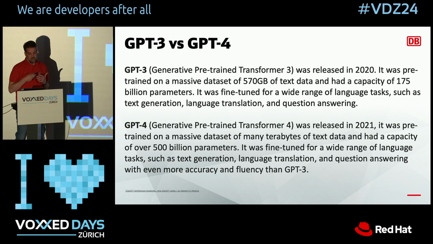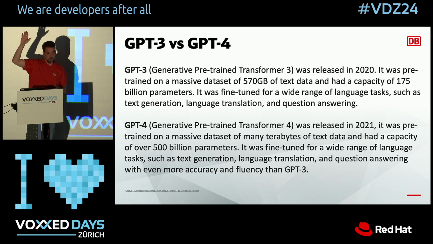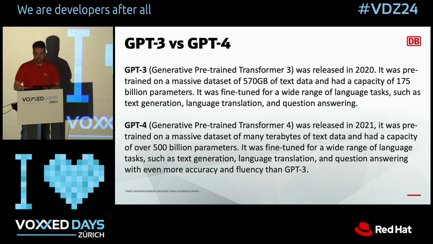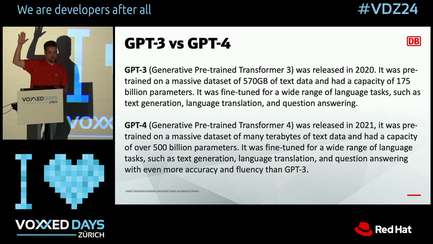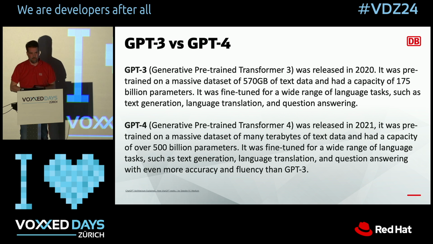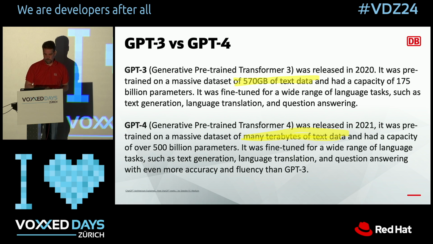Raise your hand if you already have used ChatGPT. Yes, so everybody. Who has used ChatGPT 4, the paid model? Wow, many people. I would say 50%. So you all know what GPT is. That's great. Let's take a look at the difference.